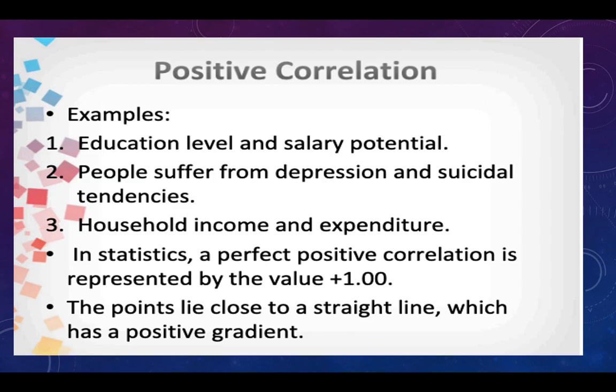I have given some examples of positive correlation, like education level and salary potential. If someone has more education, then obviously the salary potential will increase. Another example is depression and suicidal tendency: if more people are depressed, the suicidal tendency increases accordingly. And another example is household income and expenditure.